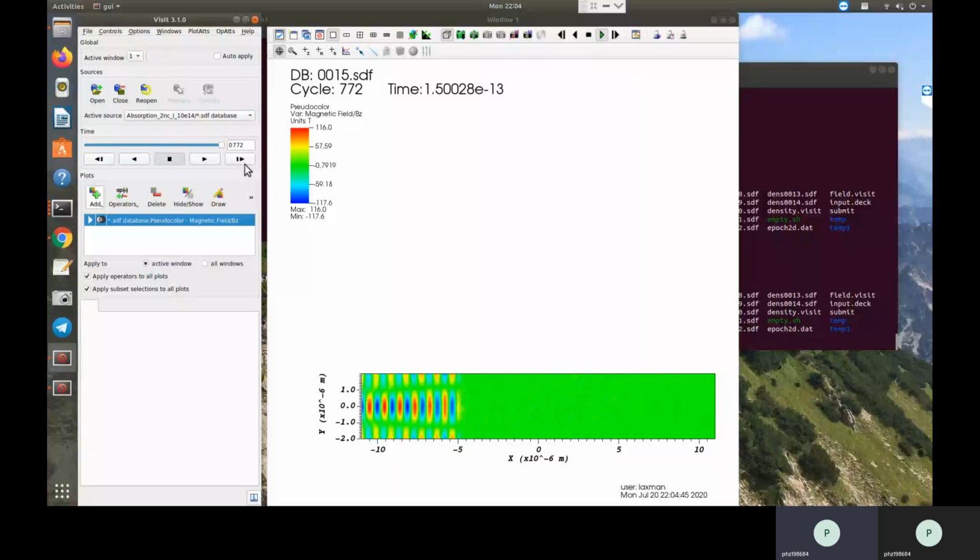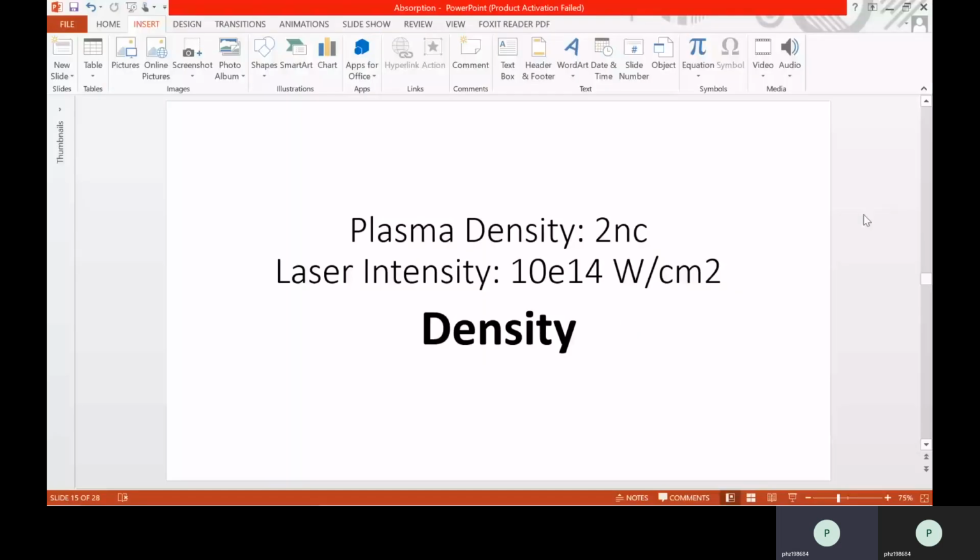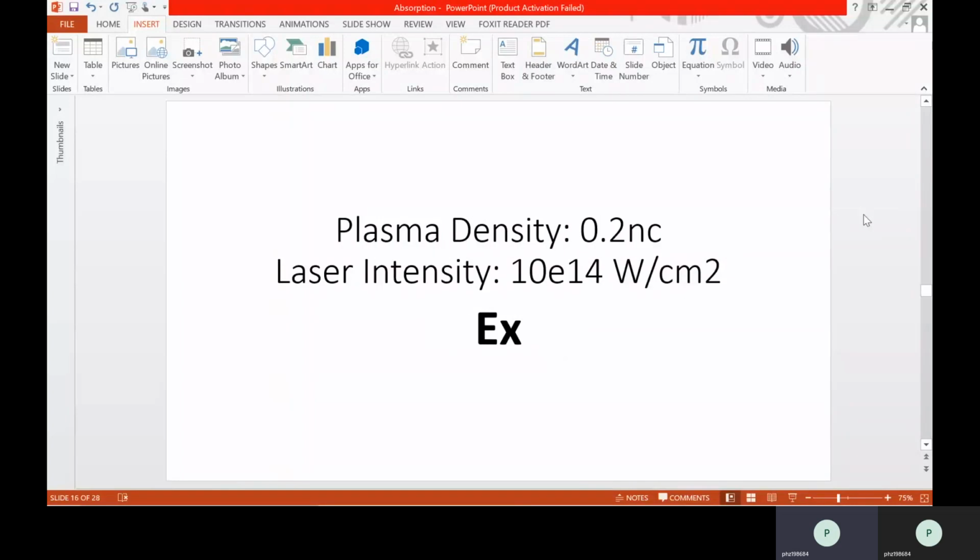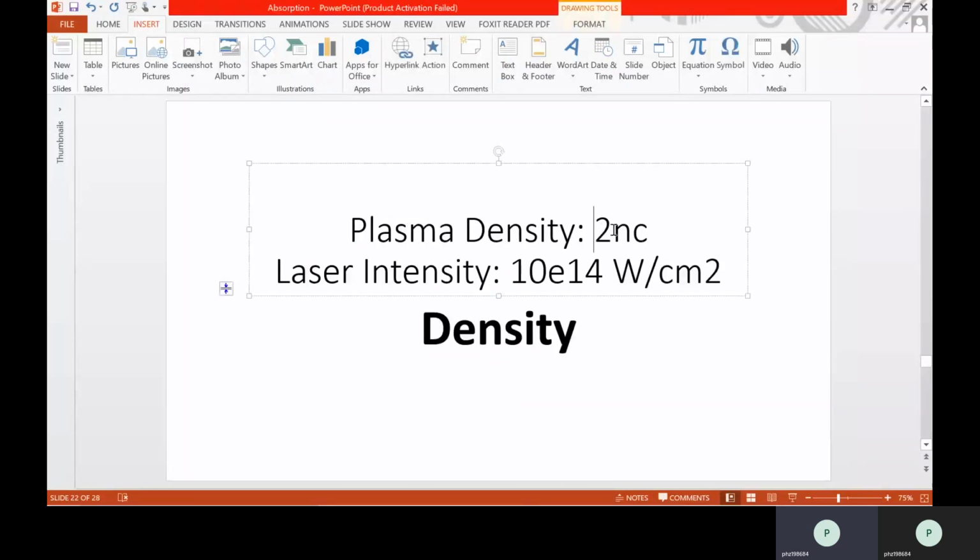Okay. This was all about the third case where the density was 2 Nc and the intensity was 10 to the power 14 watt per centimeter square. We plotted the electric field components XYZ and magnetic field components. Now the last one, where the density is 2 times the critical density and the intensity is 10 to the power 18 watt per centimeter square.